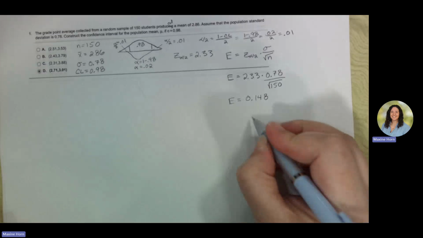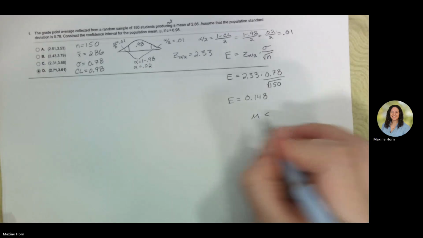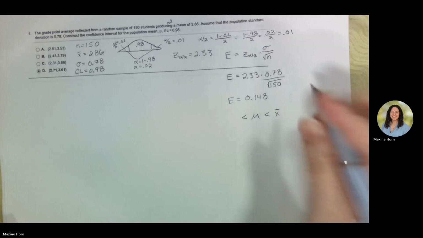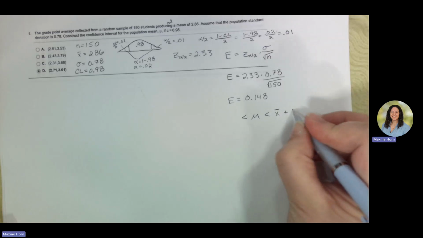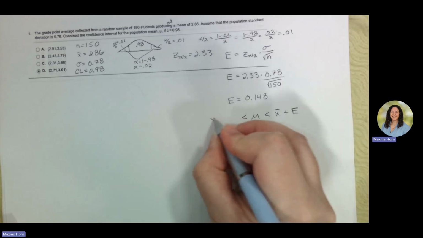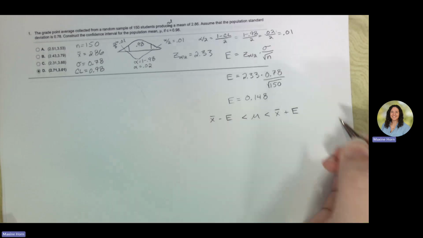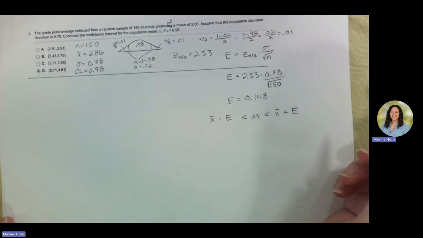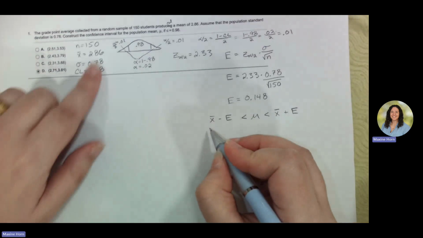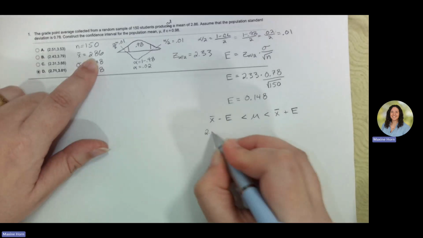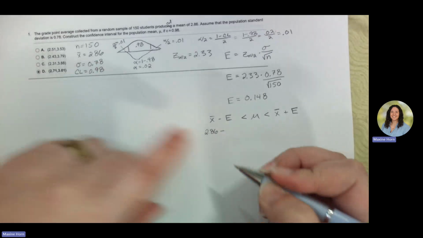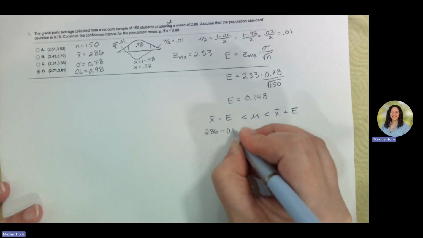So we have that our true population mean is somewhere between our sample mean plus the error and the sample mean minus the error. So our sample mean was 2.86. We found our margin of error was 0.148.